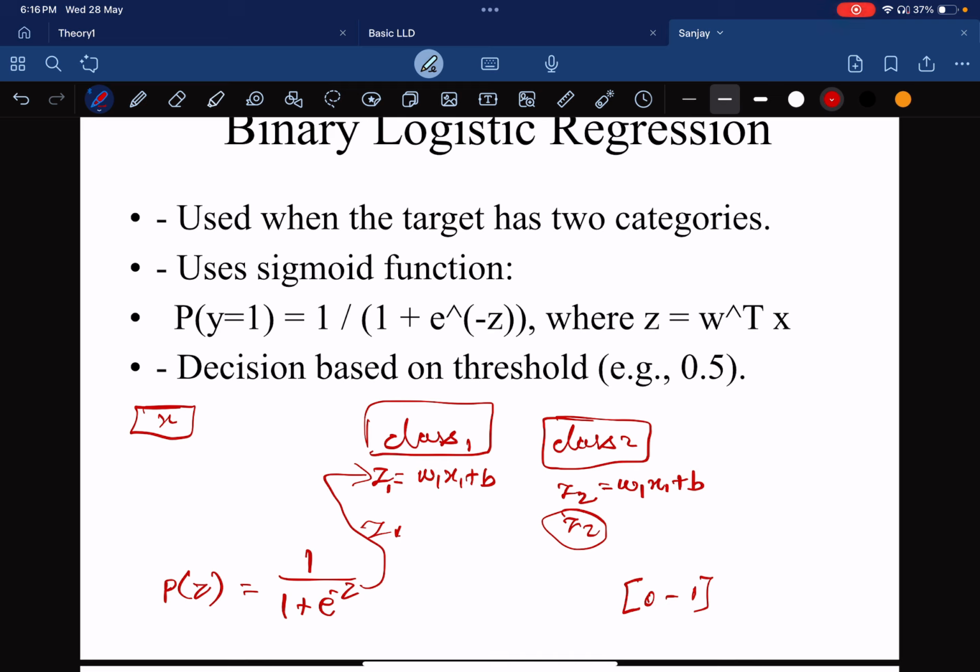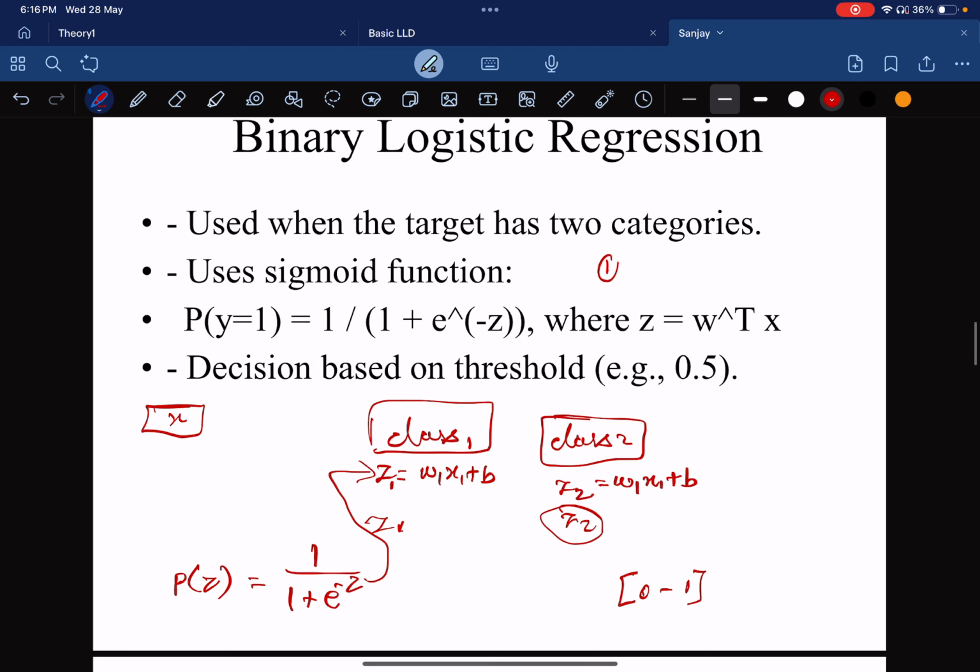But there is no need to find the probability of class 2 separately, because the overall probability of a data point is 1. For example, let's take the probability of x belonging to class 1 as p, and the probability of x belonging to class 2 as q.